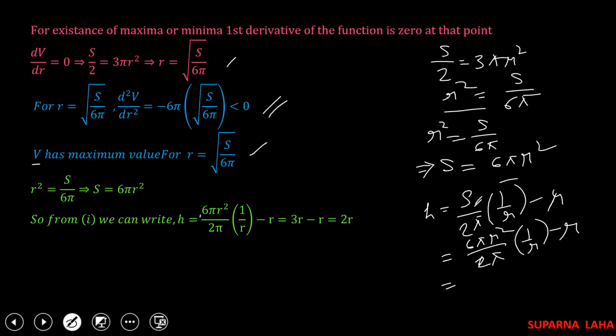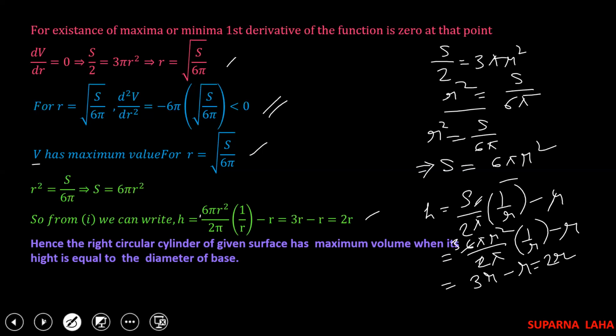Simplify this equation, you will find this value is 3r. 3r minus r is 2r. So h is equal to 2r. I got the value. I had to establish this relation, h is equal to 2r, so we already established this.